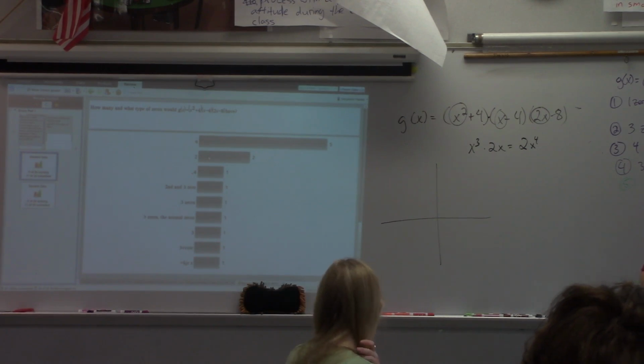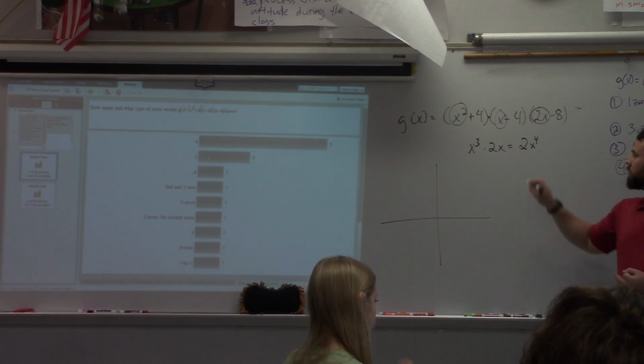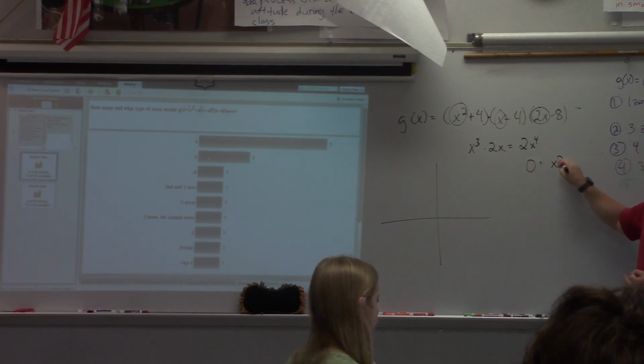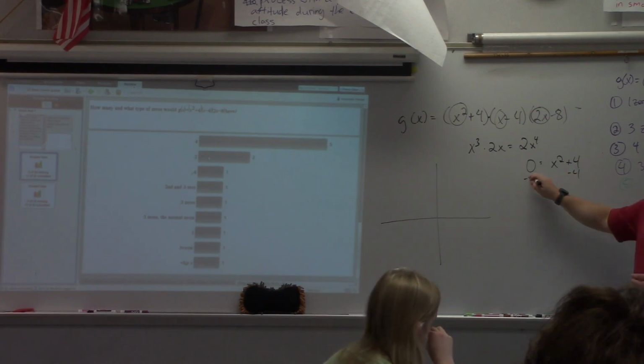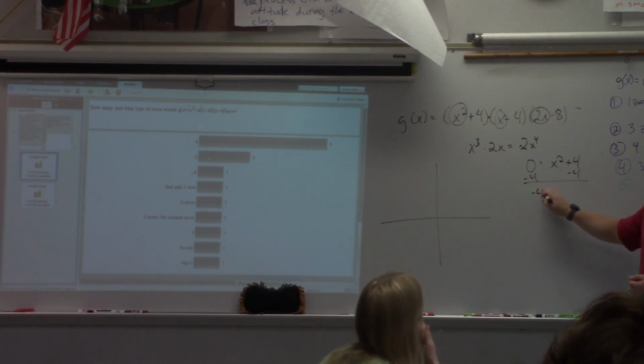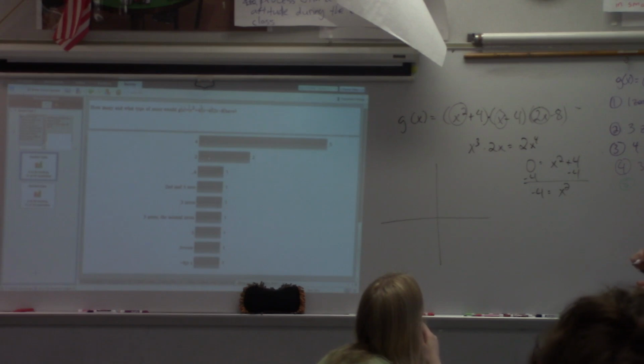Anybody know how we could find out what type of zeros it has? Can we set it equal to 0? If I'm trying to find zeros, I can set the factor equal to 0. Technically set g of x equal to 0 and then use the zero product property, but from here, square root.